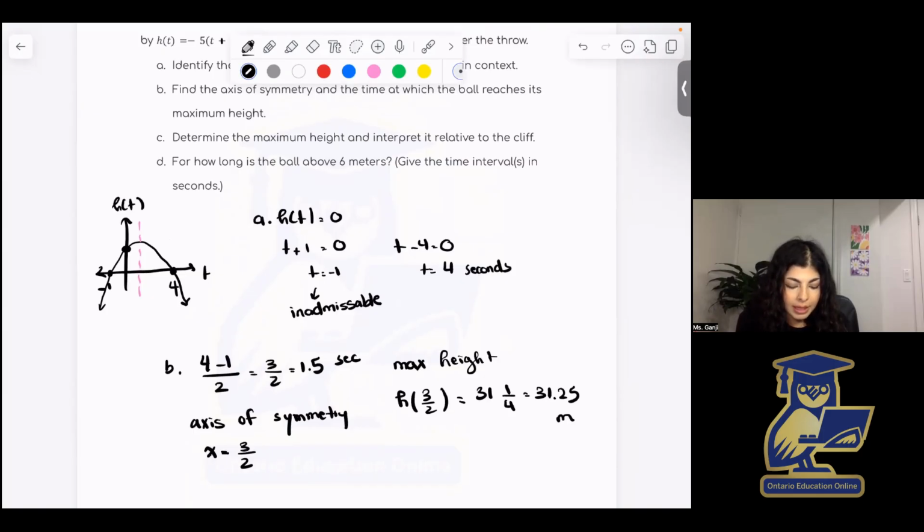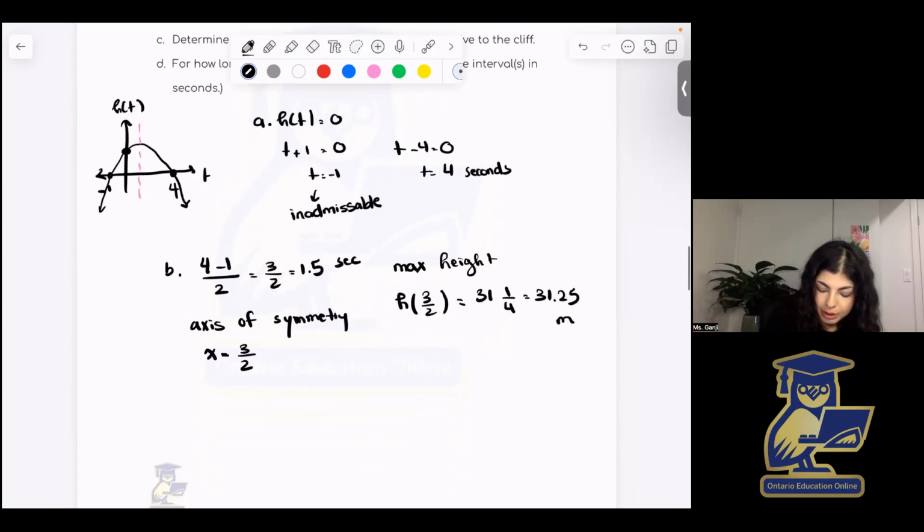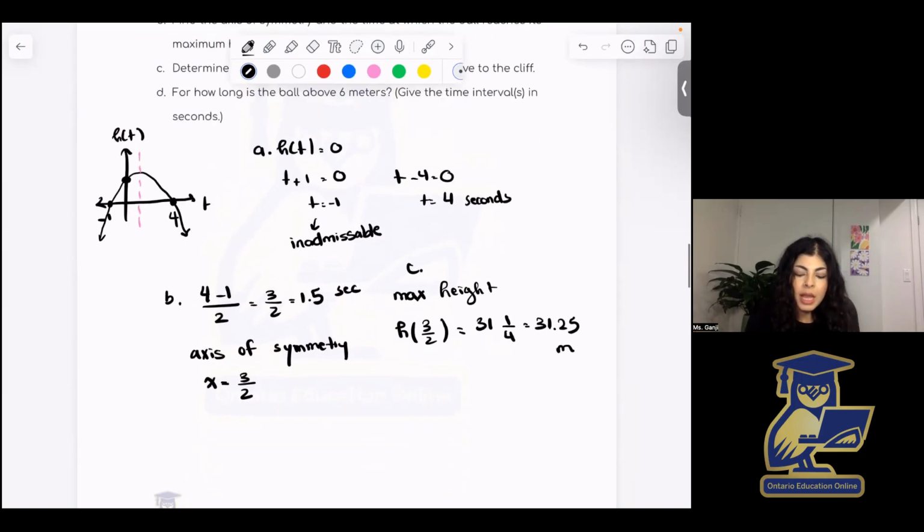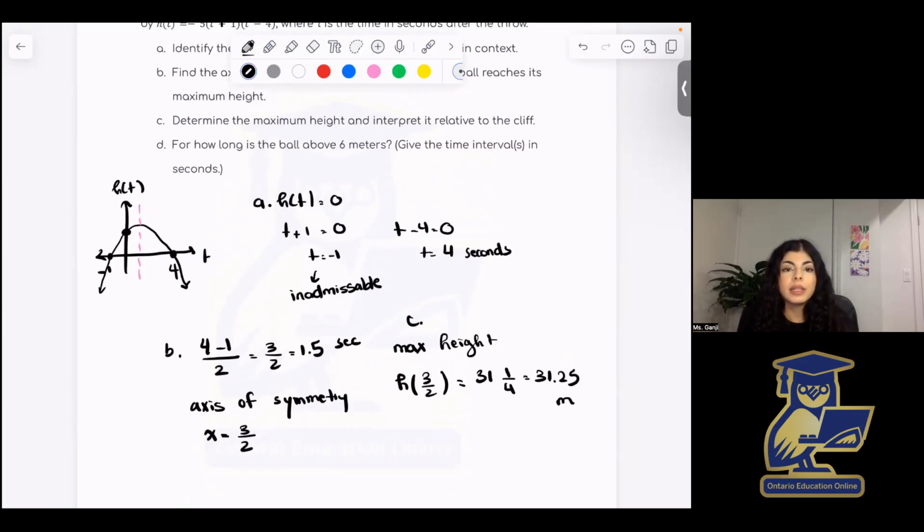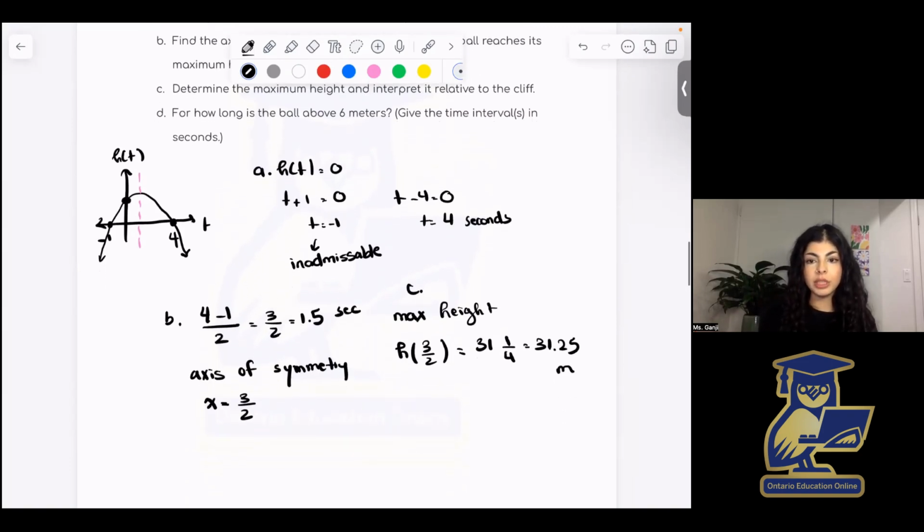And oh, we already did that for C as well. Oh, so B was finding the time, so we found the time. So then this is part C. We found the maximum height as well. And interpret it relative to the cliff. So we can kind of assume that as the object is thrown, so let's say my cliff is here, the object is going to go a little above before landing back on the ground.